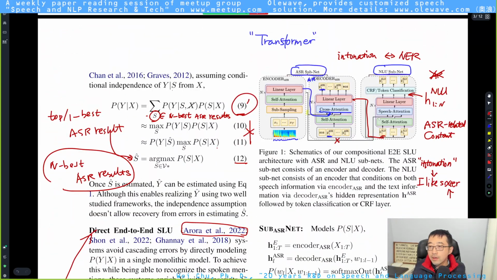Look at this again. So they have these, but not the H, okay? Not H. They already got word piece labels or this.